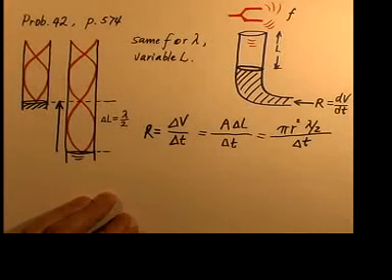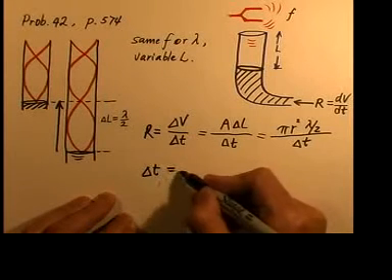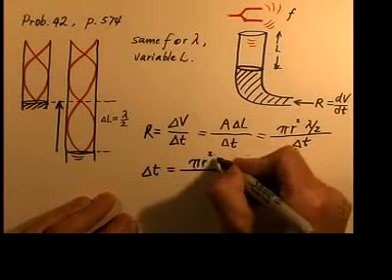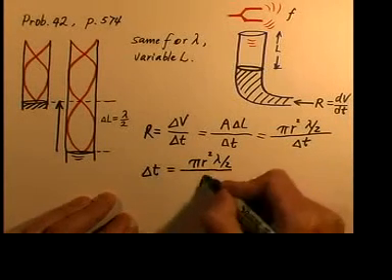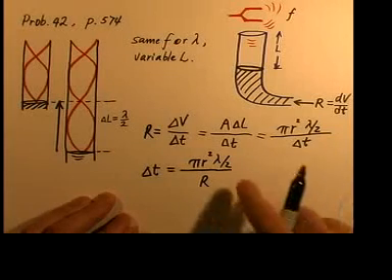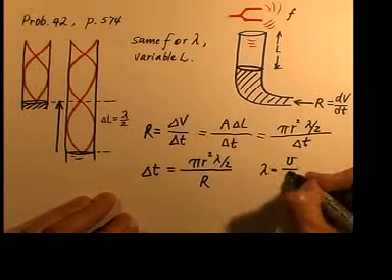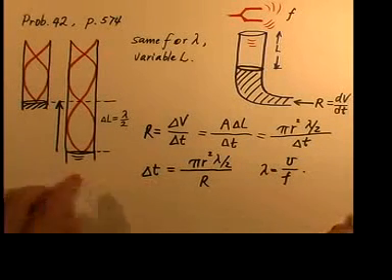So that's the time difference between successive resonances, which is what we're looking for. So we find delta t to be equal to pi r squared times lambda over 2, divided by R. And of course you're not given lambda, rather you're given f. So lambda equals the speed of sound divided by f. You plug that in, and you'll find the time it takes between two successive resonances.